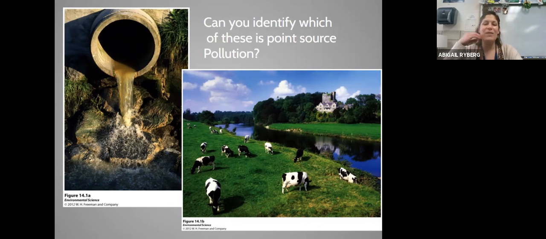We have to keep in perspective that things like cow poop seem totally normal and natural, and although a natural organism is producing it, it is not meant to be dumped into waterways in such high quantities. So I'm going to call this on the bottom right a non-point source because there are just little tiny pockets of cow poop plopped over a large region.